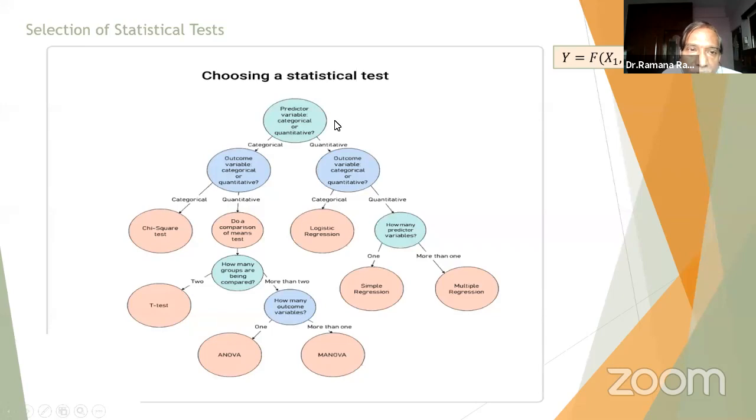Now, going back to how do I choose a statistical test? If the predictor variable is categorical or quantitative, that means x1 to xn are either non-numbered or numbered. If it is categorical, then is the outcome variable categorical or quantitative?